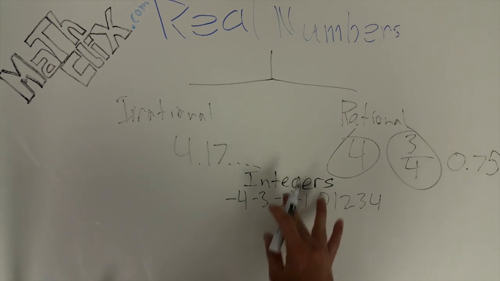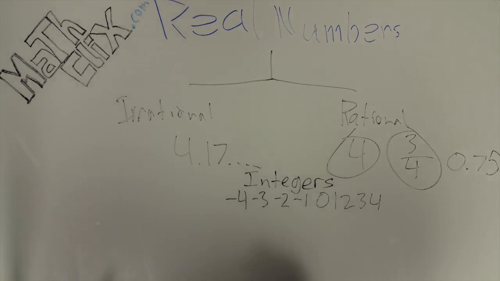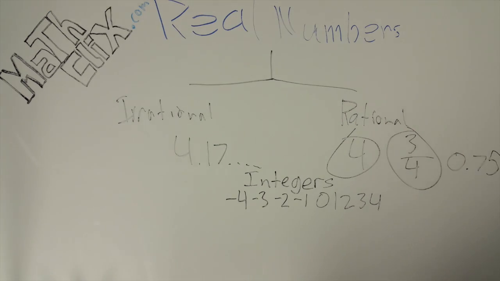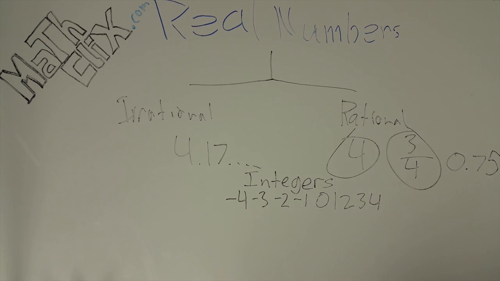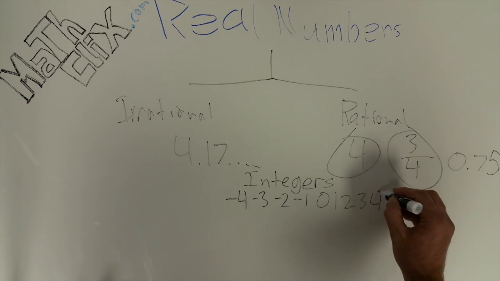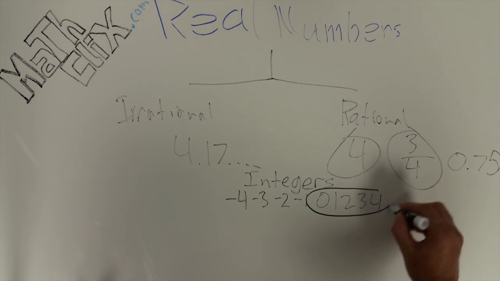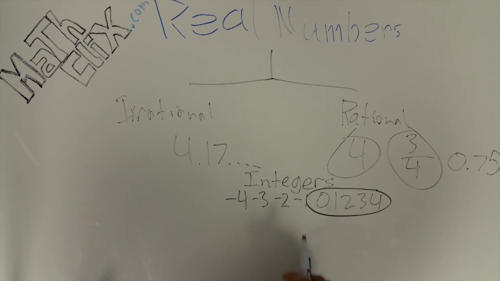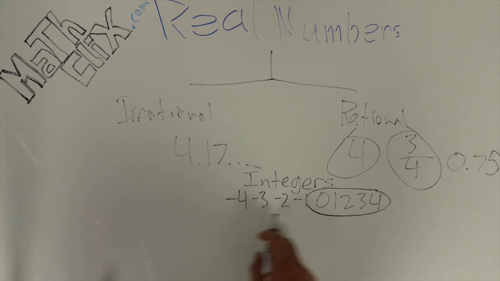Integers themselves can be broken down into, well, the easy numbers that we first learned about, and that's whole numbers. And negative numbers.